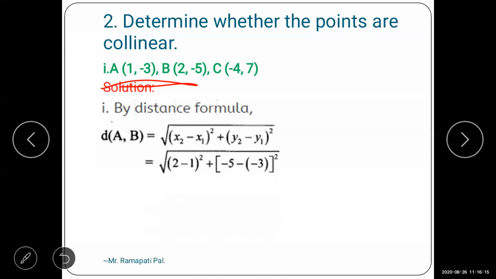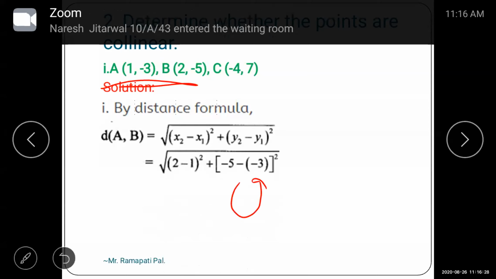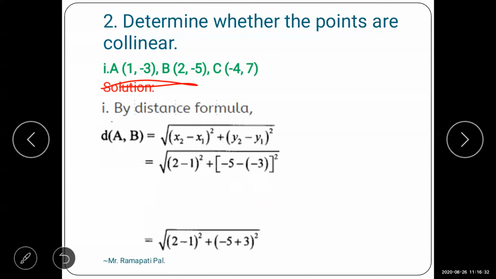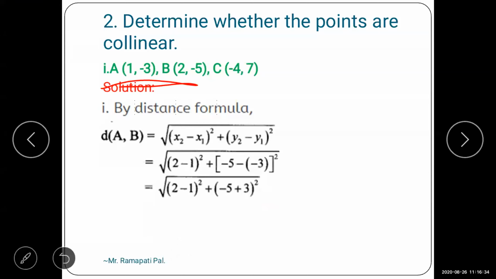As we know that here it is minus and here it is minus, so minus minus becomes plus. Correct? Yes or no? So (2 minus 1) whole square plus (minus 5 plus 3) whole square.